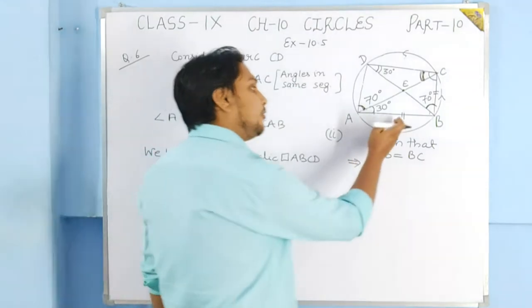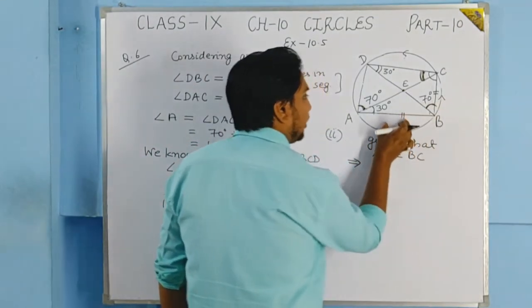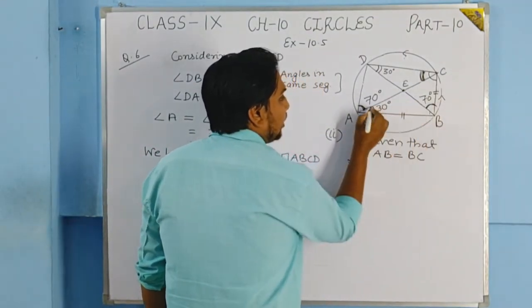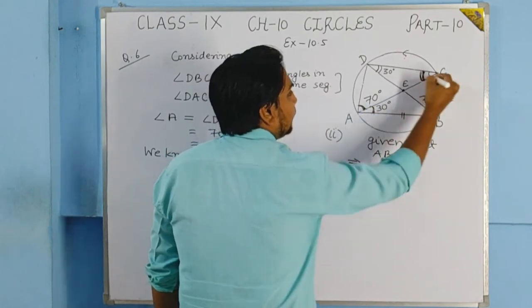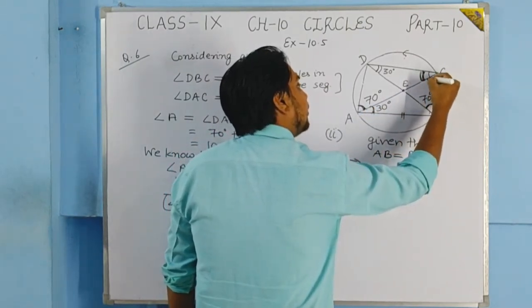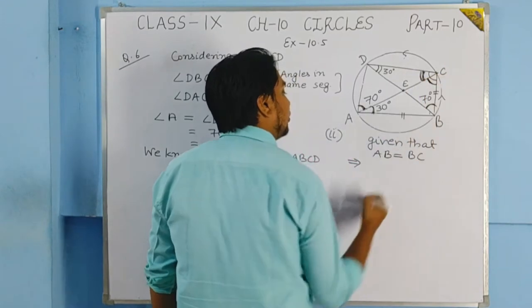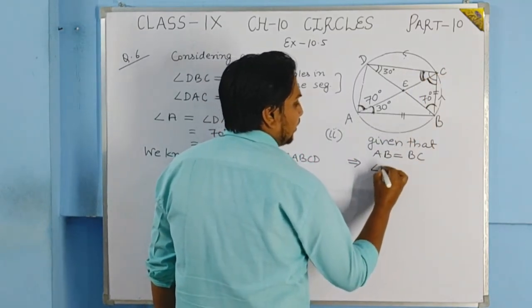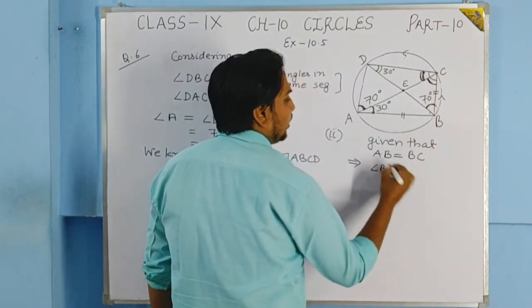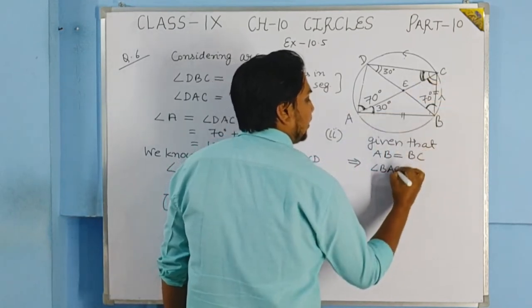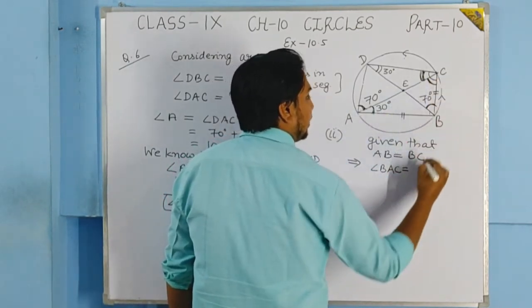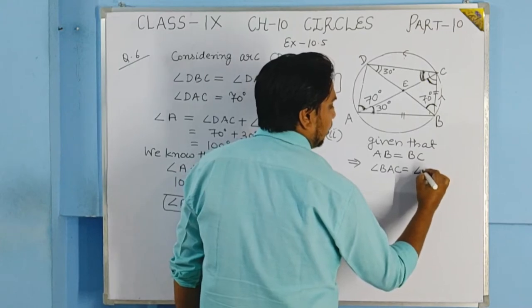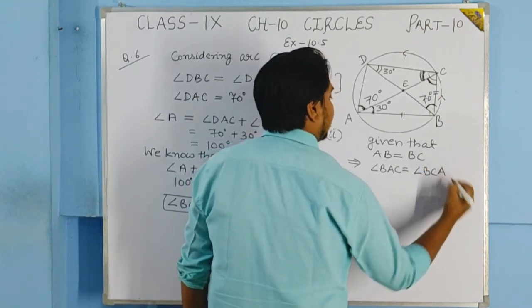So here if these two sides are equal, AB is equal to BC, then this angle 30 degrees and this angle both should be the same, which implies that angle BAC is equal to angle ACB, or you can write BCA.